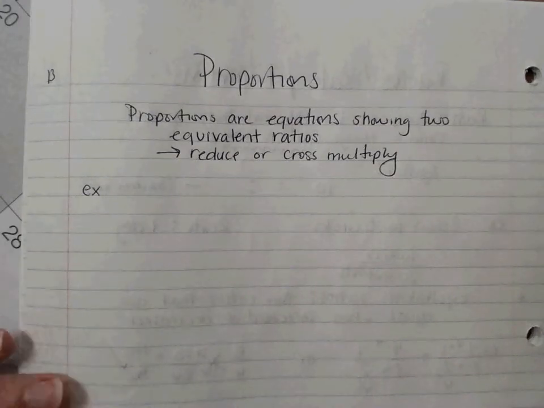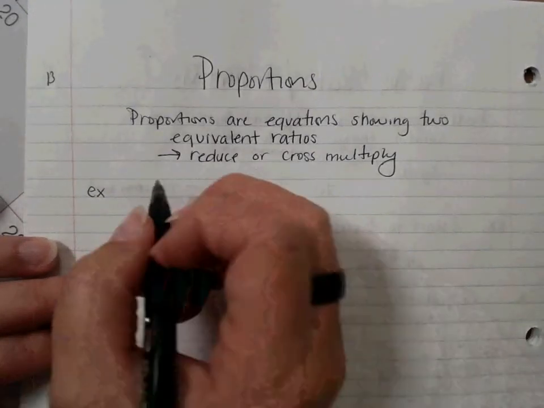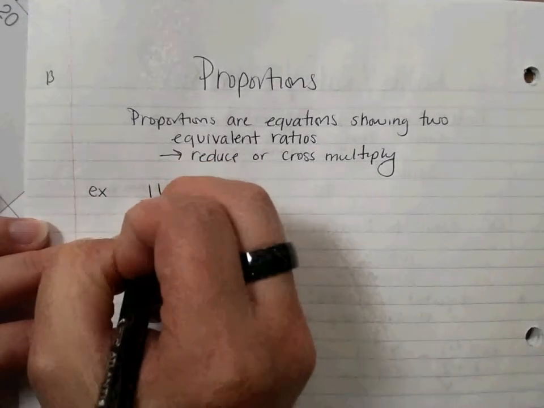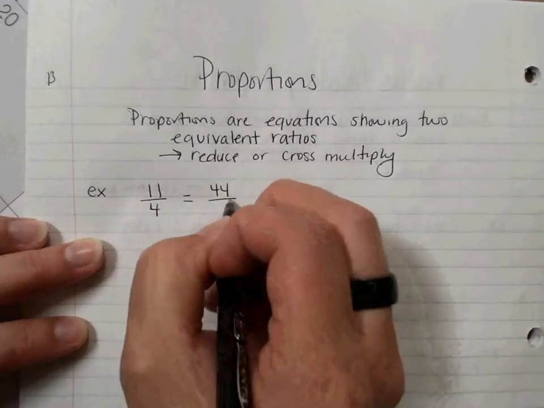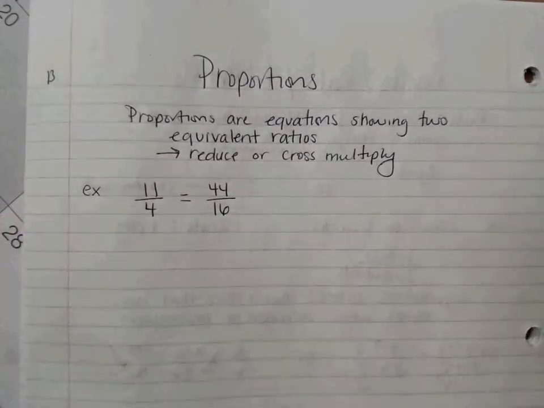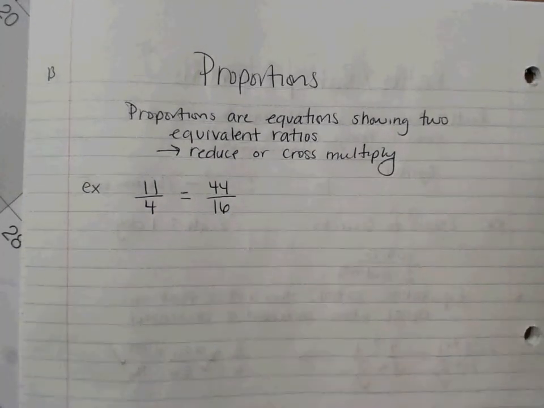So first we're going to try to see if we have some equivalent proportions. So if I say 11 over 4 is equal to 44 over 16. Remember, you can reduce your fraction or you can cross multiply.